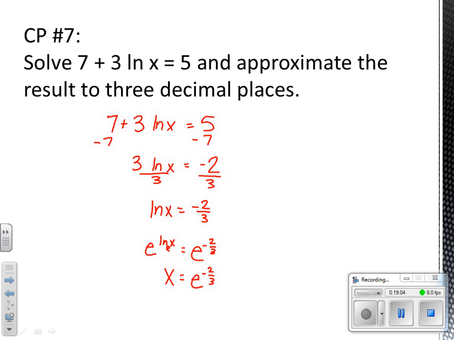That again is something that your e button on your calculator could come up with. I didn't punch it in, so maybe I will do that here real quick. So we've got the e key, and I want to go to the -2/3 power. Punch it in and see if you get the same thing. To 3 decimal places, 0.513.